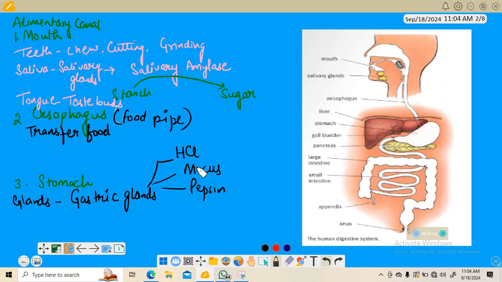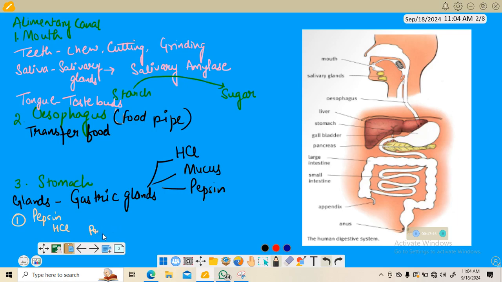Now this HCl, since it's hydrochloric acid, will make the environment acidic, so that the enzyme pepsin can act on food.